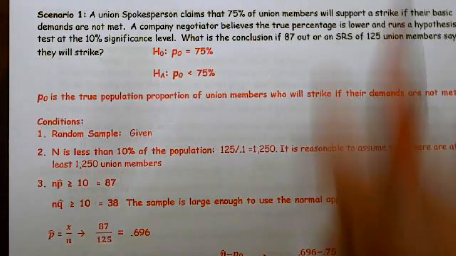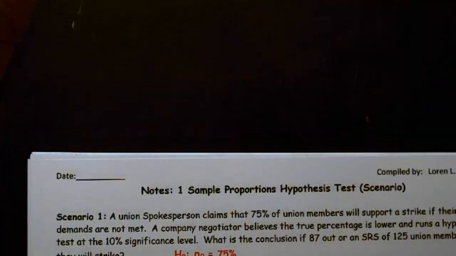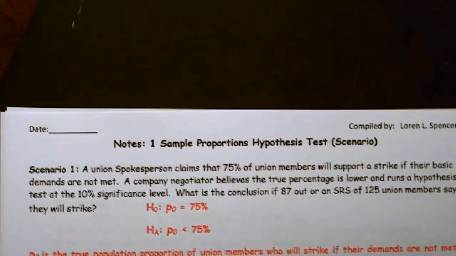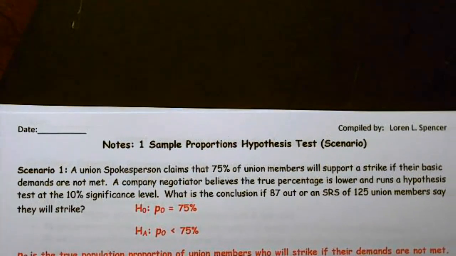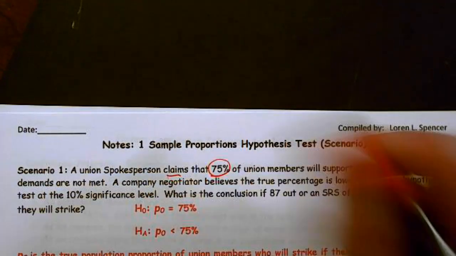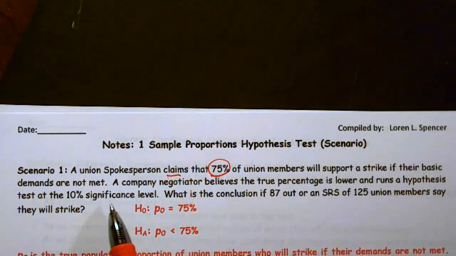So moving on to page 177, we begin with our first hypothesis test scenario. A union spokesperson claims that 75% of union members will support a strike if their basic demands are not met. A company negotiator believes the true percentage is lower and runs a hypothesis test at the 10% level. So basically, there's a claim at the 10% level.